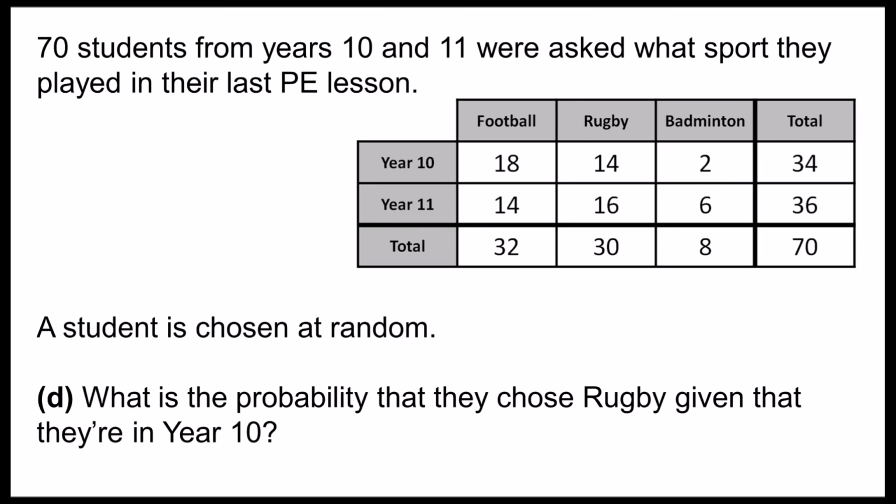Looking in my table, I can see that there were 14 year 10 students that chose rugby, and that is out of 34 year 10 students in total. Again, I can simplify by dividing the top and bottom by 2, which gives me 7 over 17. Both answers are correct, but 7 over 17 is slightly better.